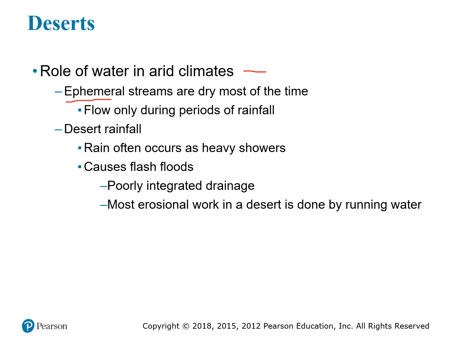There are ephemeral streams, meaning that they're dry most of the year and they only run when there's a specific rain event. Desert rainfall typically happens as heavy showers, and as a result, that can cause a lot of flash flooding, which can be dangerous.